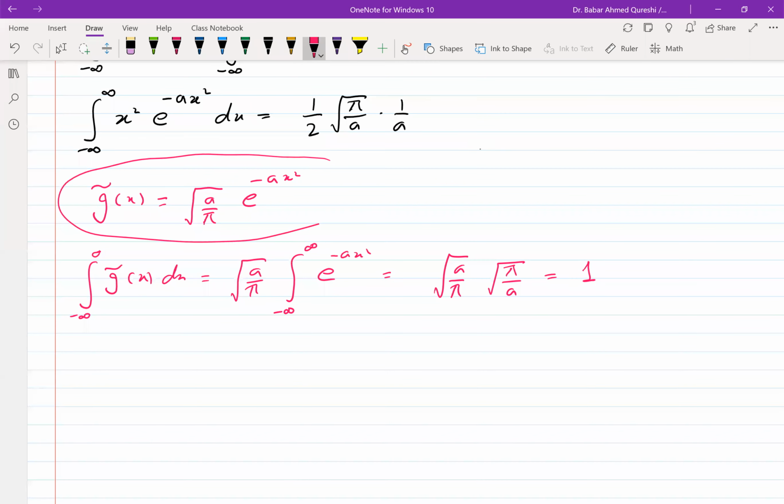So this thing, you can call it a normalized Gaussian, one whose area is 1.